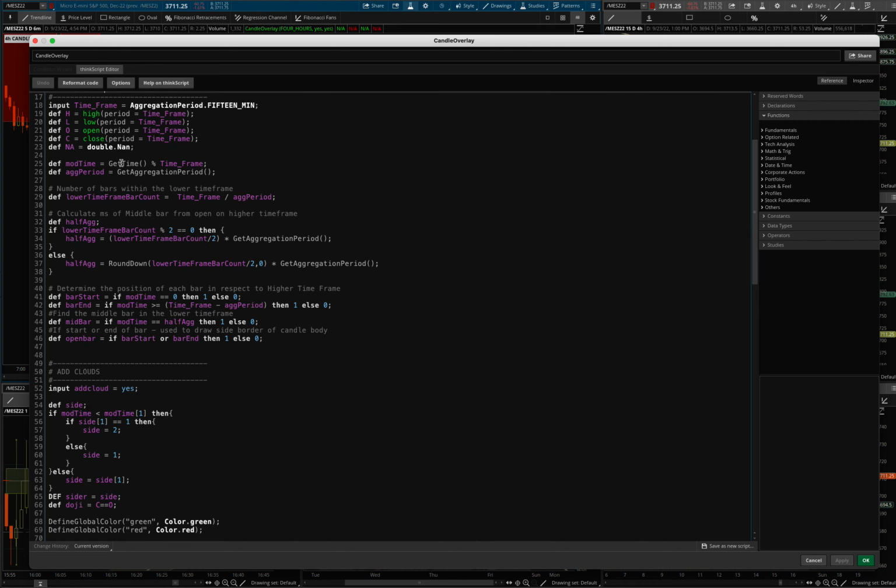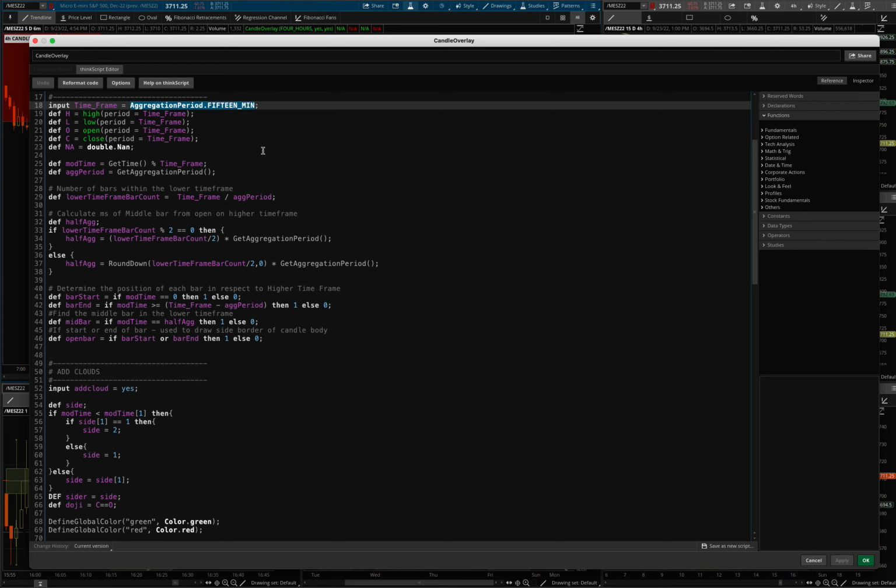So what it's doing is it's taking a modulo of the higher time frame. If the default is 15, I've got it at 4 hours here, and a modulo of the current time. So when you do things like get time or aggregation period 15 min, this is a constant that is actually under the hood a very big number.